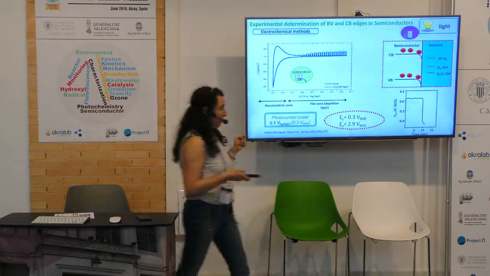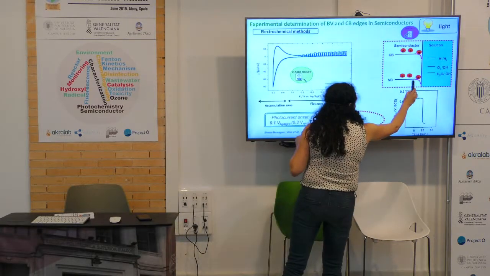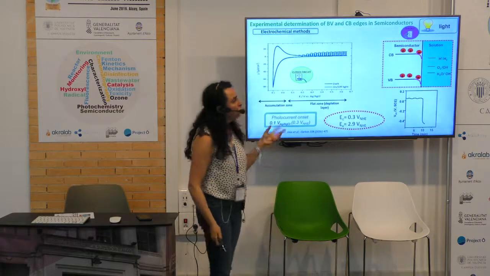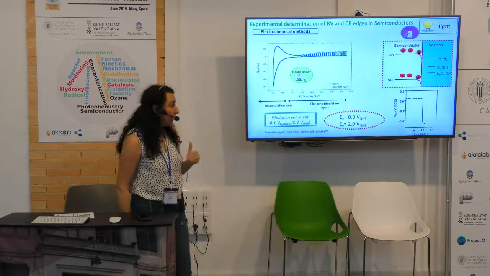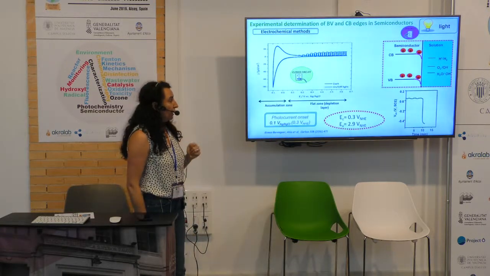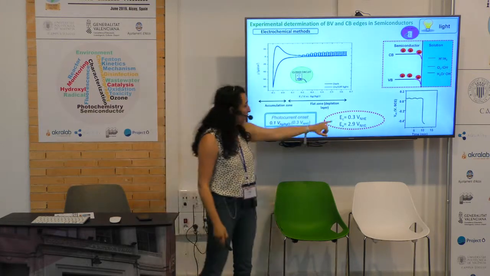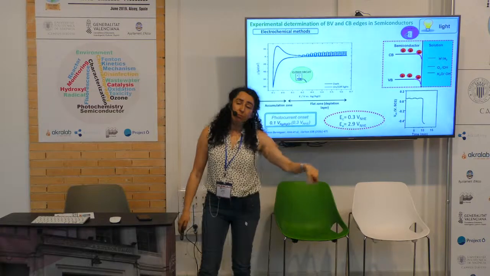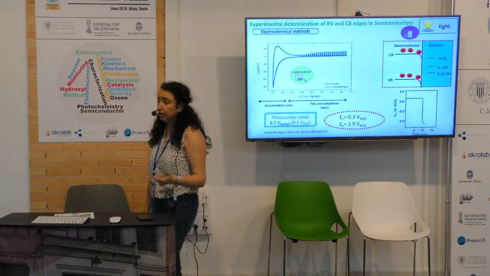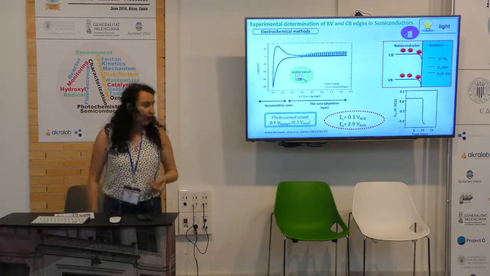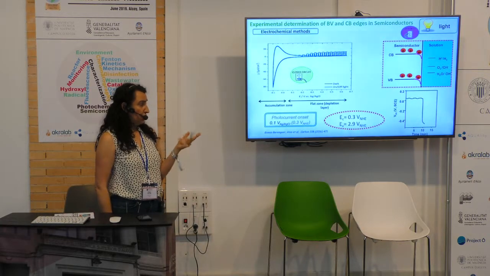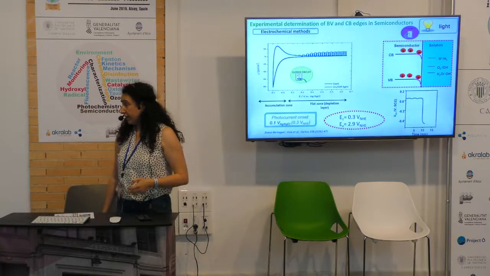And that flat band potential would correspond with the situation when the band and the potential of the solution are even. That can correspond, as you can see in here, with the potential of the conduction band. And if you know the band gap that you have evaluated by diffuse reflectance, then you can very easily do the maths and extract the potential of the valence band.